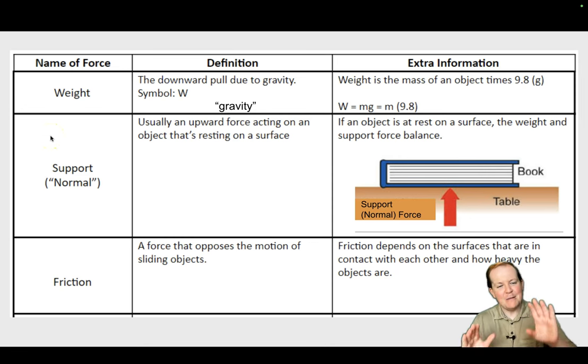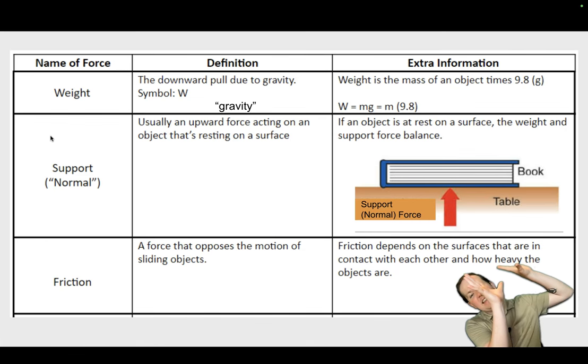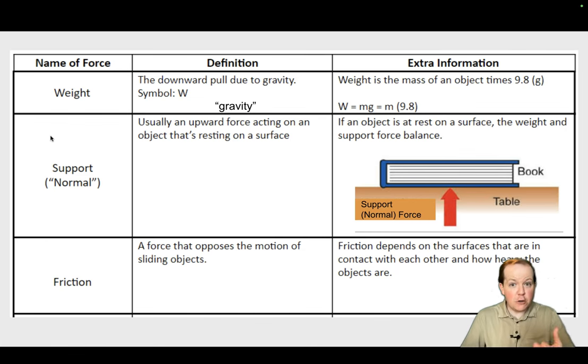It's holding you up. If you're standing on a floor, the floor is supporting you. Yes, there's a weight force because of planet Earth pulling you down, but the surface, whether it's a chair, the ground, grass outside, or a cement block, is supporting you. We call this force a support force.